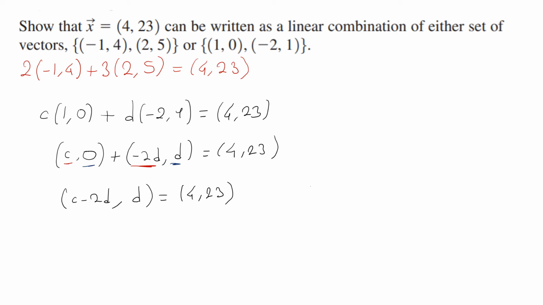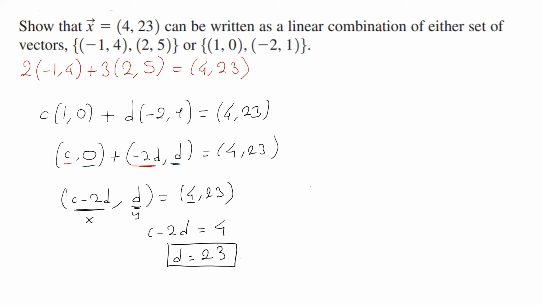Now the easiest one, I don't even need to make the equations up right now. I can do it just for visualization purposes, but for the equations, what I have is C minus 2D, which represents my x, and I know this is my x value, so it will be equal to 4. And since this represents my y, D equals 23. But I already found one of my scalars, so I don't need any elimination process whatsoever.